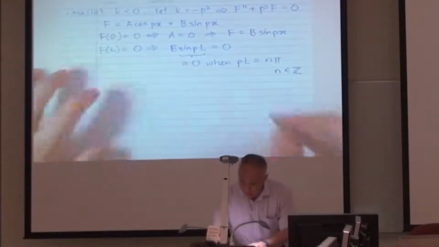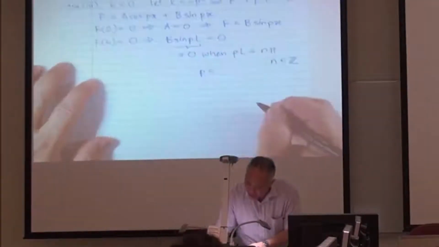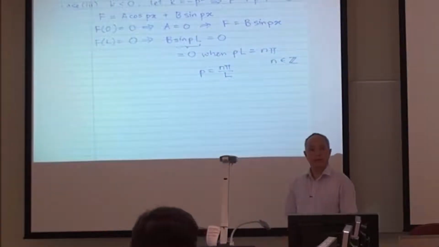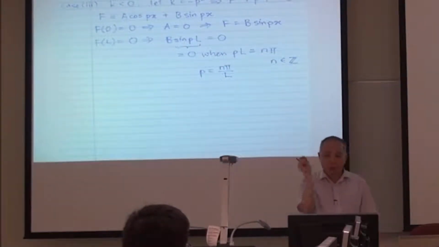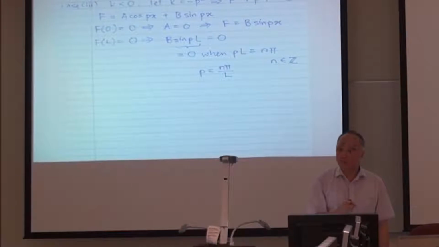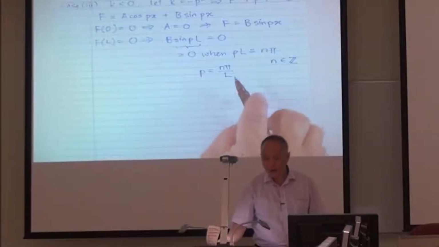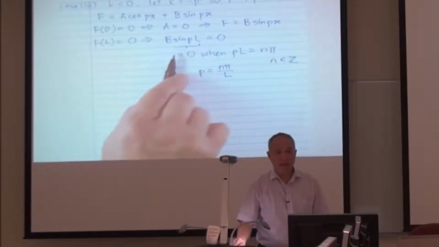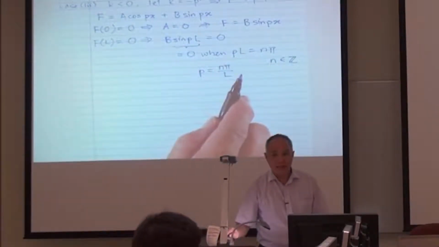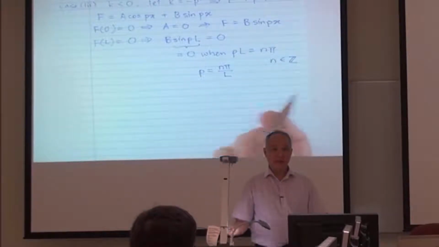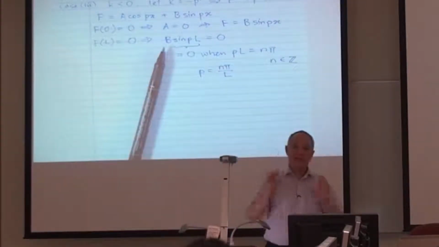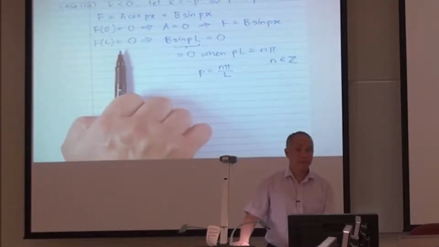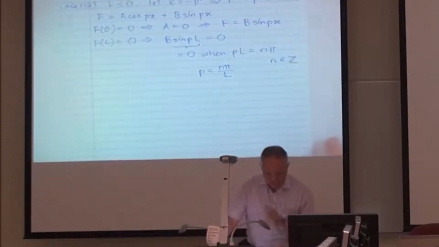So in other words, if your P is chosen to be n pi on L, then you will not get a trivial solution, because if your P is n pi on L, your sine PL will be sine n pi. Then that part will be 0, and your B doesn't have to be 0 in order to satisfy this boundary condition.